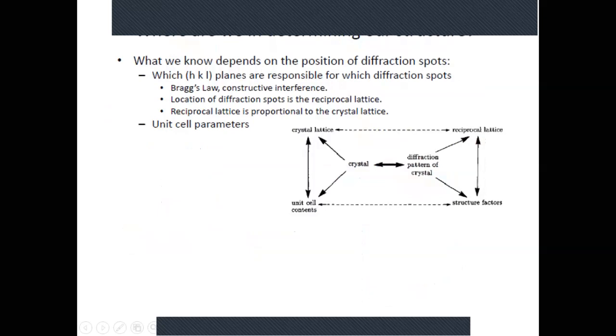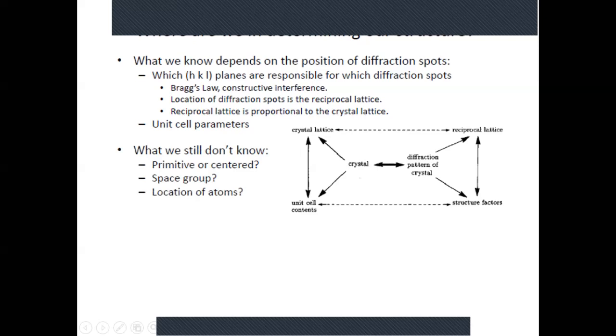Once we find out which ones were constructive interference, as we talked about yesterday, we can locate the diffraction spots in the reciprocal lattice, and then once we know the reciprocal lattice, we can find the real space lattice, which gives us our unit cell parameters. So the diffraction pattern of the crystal is important because from that we can get information about the crystal to help us in our structure determination.